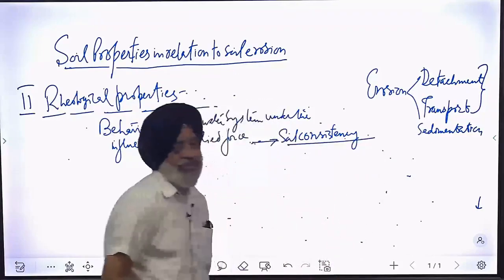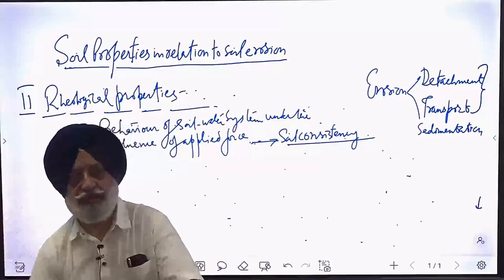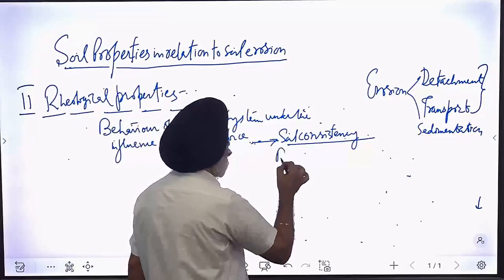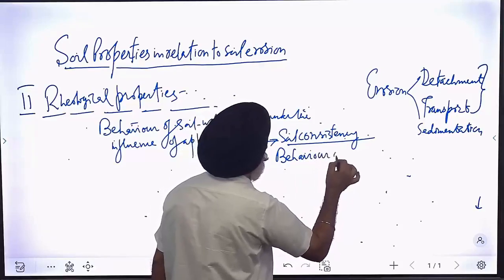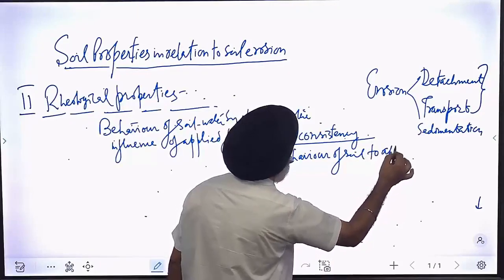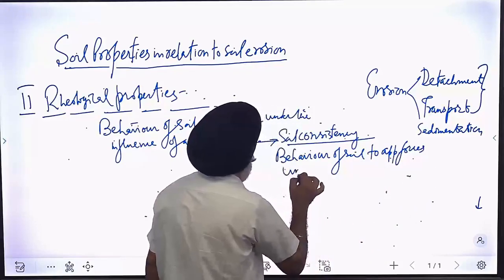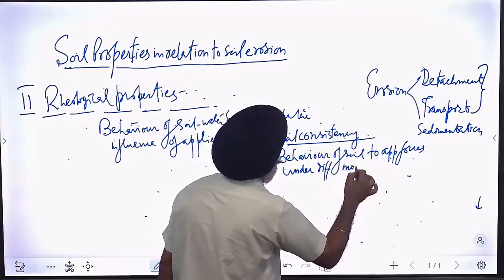Soil consistency is based on the concept of rheology. So, this is behavior of soil to applied forces under different moisture contents.